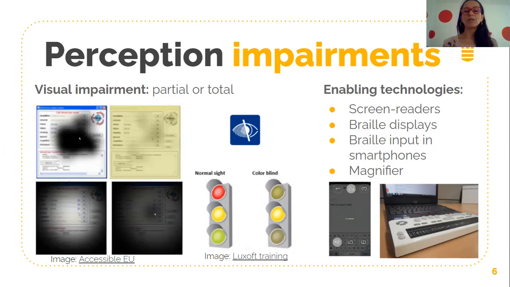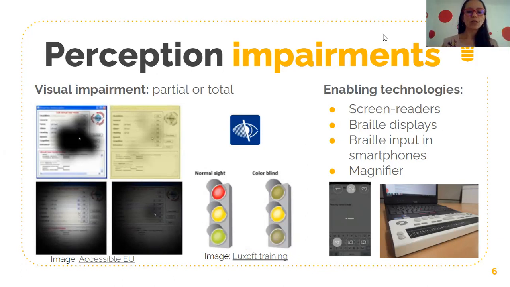So the enabling technologies, the technologies that assist them in the use of computers and smartphones and other types of devices of this kind, are these. And the main one is the screen reader. The screen reader, as you may know, reads aloud the textual contents that are active on a screen.